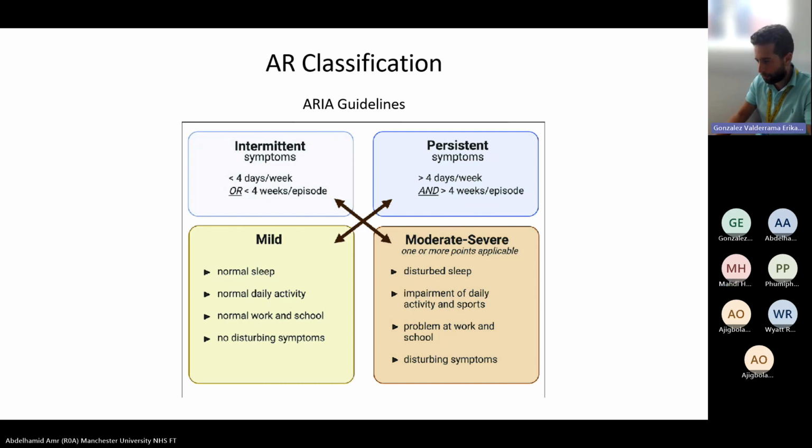Even our colleagues can use that in the clinic. I think it's a very useful measure to assess how severe the patient's condition is, and also how effective your treatment is.